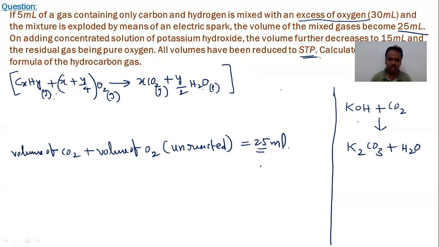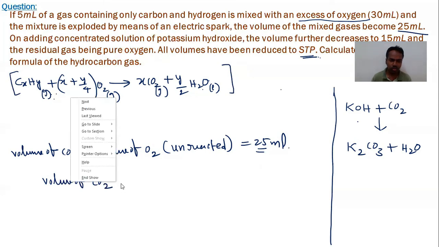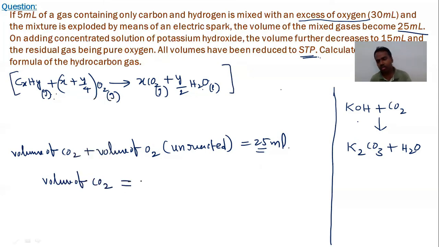So how much decreases here? 10 ml. That is the volume of CO2. So the volume of CO2 is equal to the decrease: initially 25, thereafter 15 ml, so the difference is 10 ml. The volume of CO2 is 10 ml.